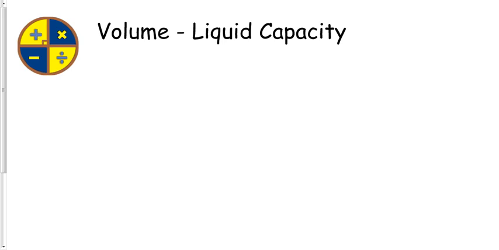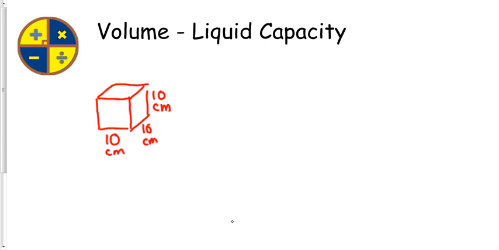Historically, it was originally defined that 1 litre of water would be what was called a cubic decimeter of water, that being the amount of water that can fit inside a cube that is 10 centimeters by 10 centimeters by 10 centimeters.